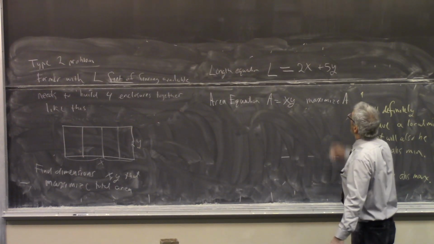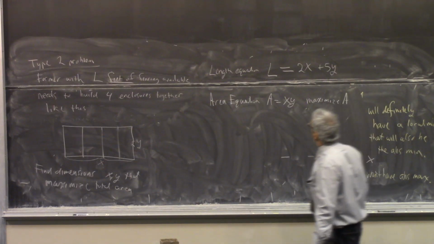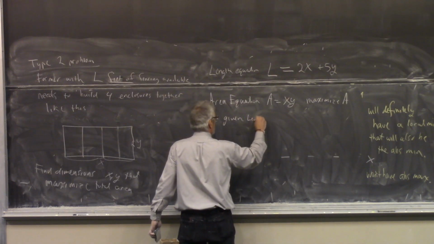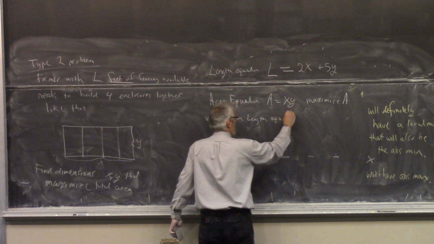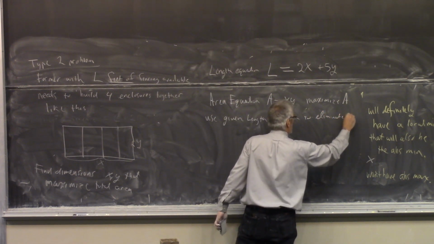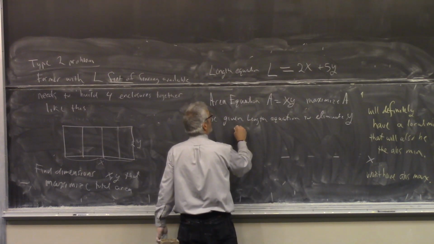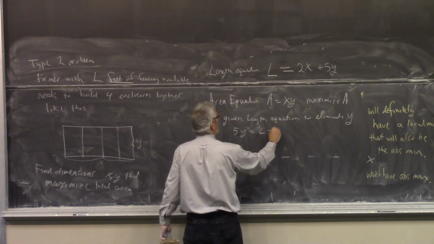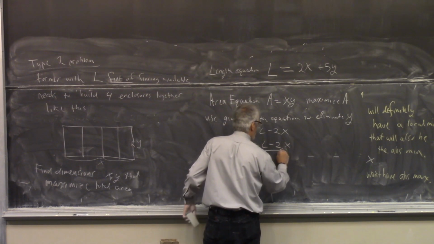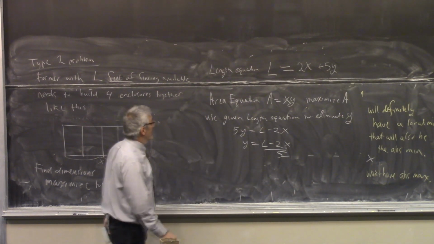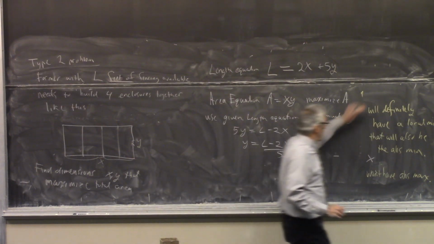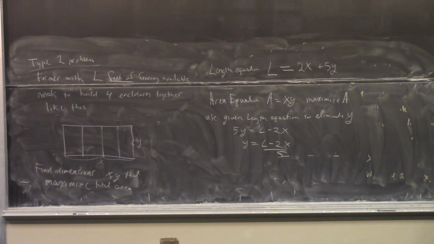Okay, so let's use the given length equation to eliminate y. So we have 5y equals L minus 2x. So y is going to be L minus 2x over 5. We're going to substitute that into the area equation.